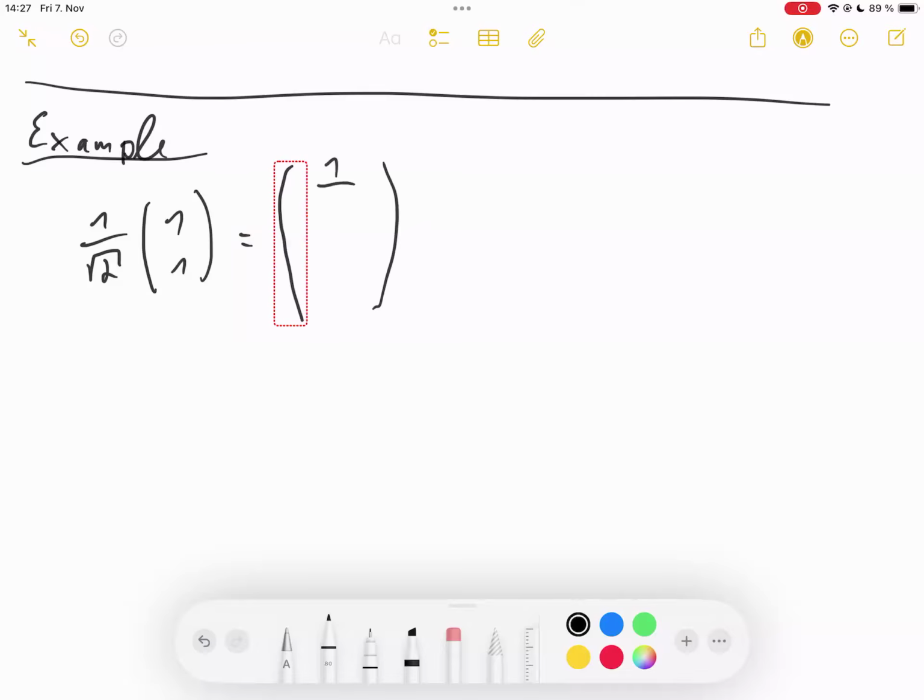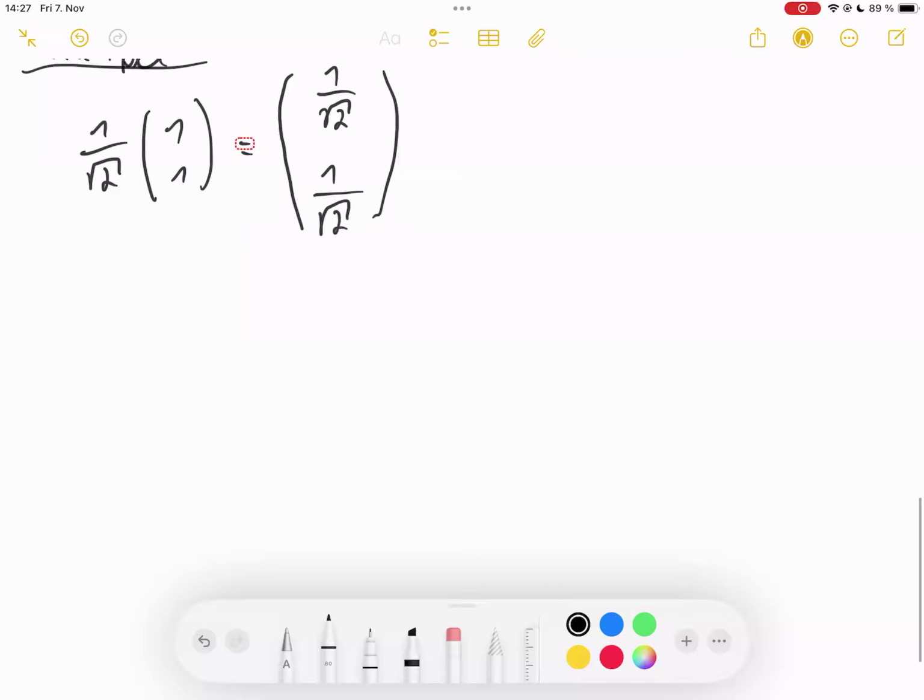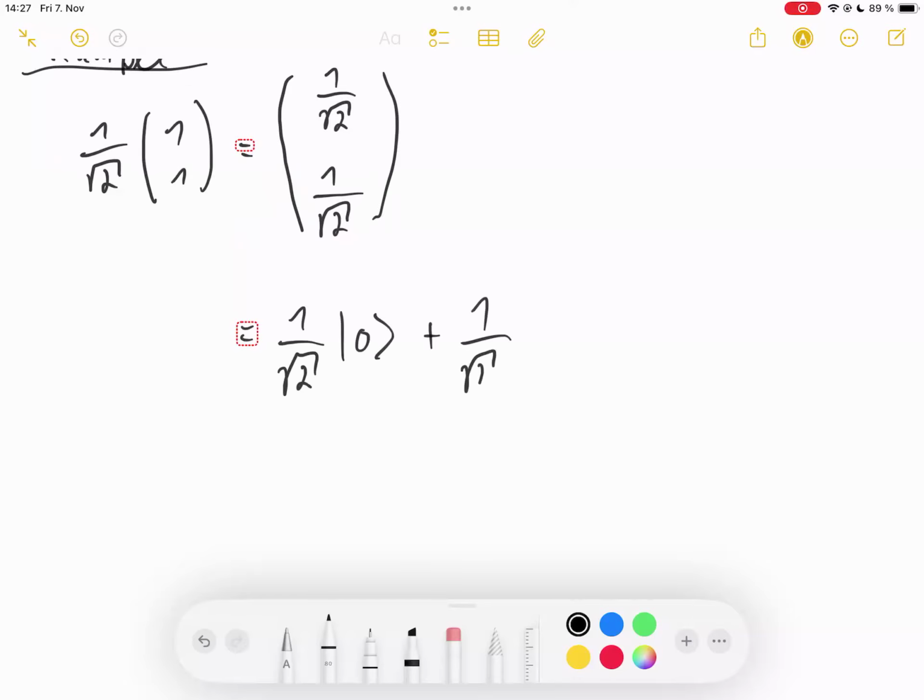So we could have a 1 divided by the square root of 2, the 1 divided by the square root of 2. This could be written also using the cats. So a 1 divided by square root of 2 times 0 cat plus 1 divided by square root of 2 times 1 cat.